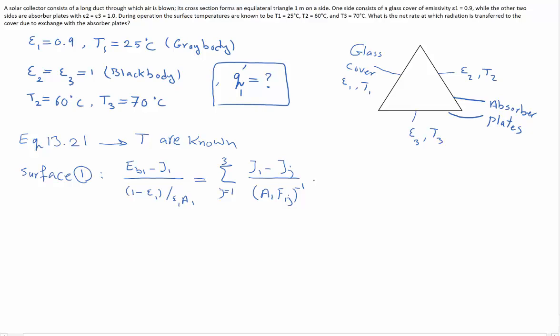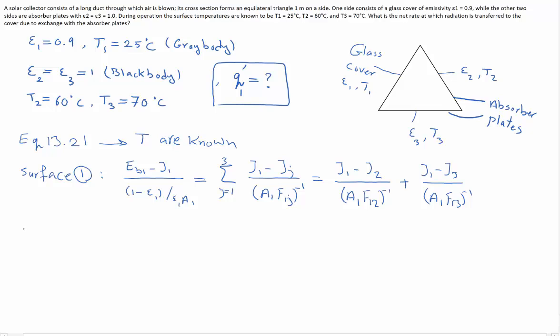If you expand this, j equals 1 doesn't really make any sense because this will be 0. So we only have 2 terms. I'm going to expand that. I have (J1 minus J2) over (A1 F12) raised to the power of minus 1, plus (J1 minus J3) over (A1 F13) raised to the power of minus 1.